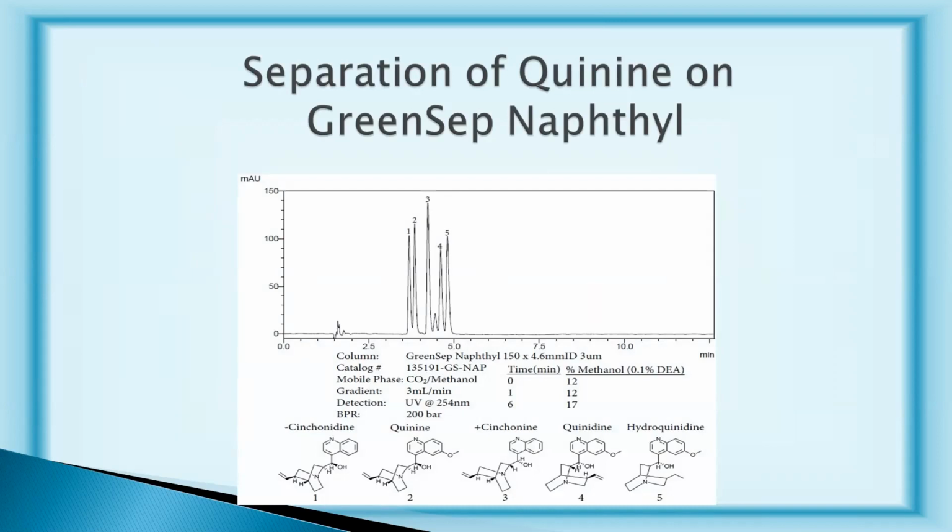In this case, the stationary phase that we found for the optimal separation of this group of compounds was a naphthol. We're used to working with polar stationary phases for SFC, but we found this electron-rich naphthol stationary phase to be very useful for the separation of these quinine compounds. So again, the stationary phase here plays a different role.